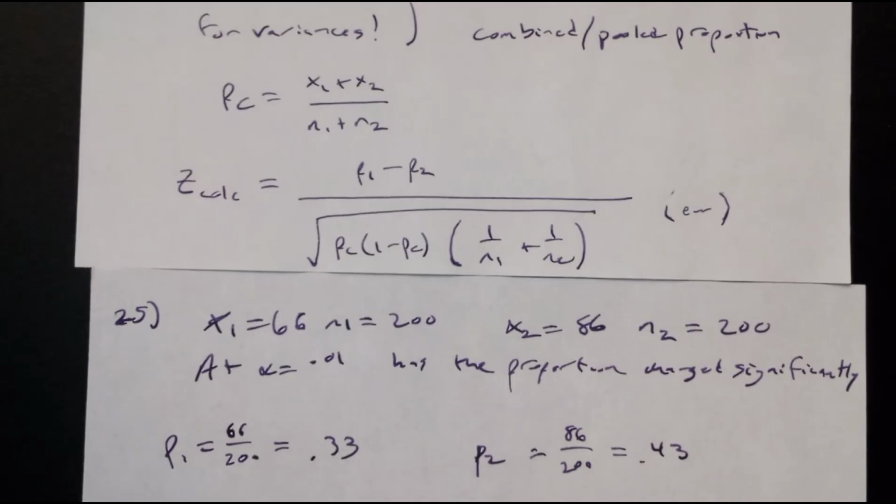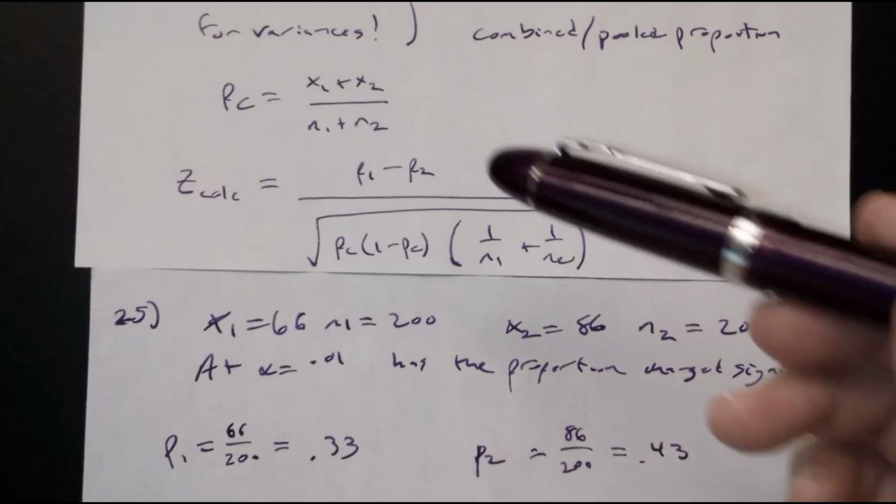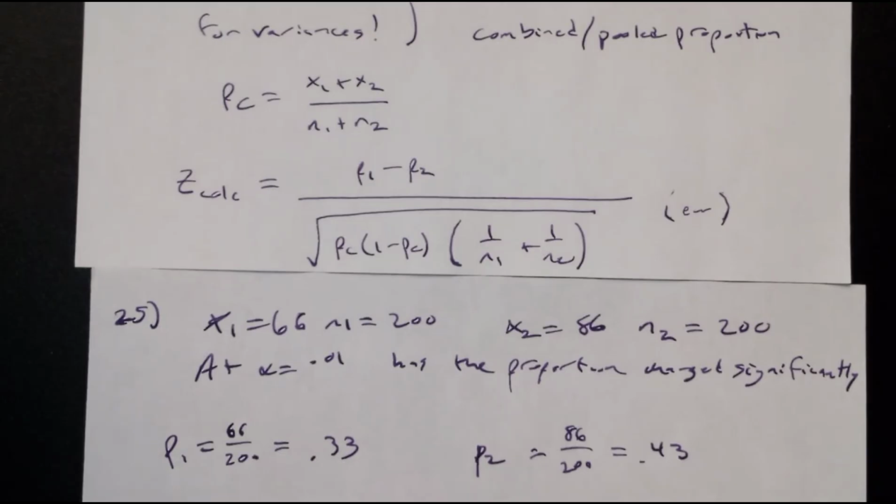Again, assuming normality, assuming my difference was 0, I'm going to pool these.